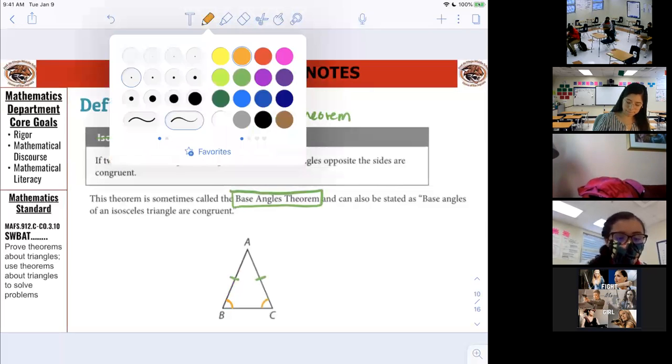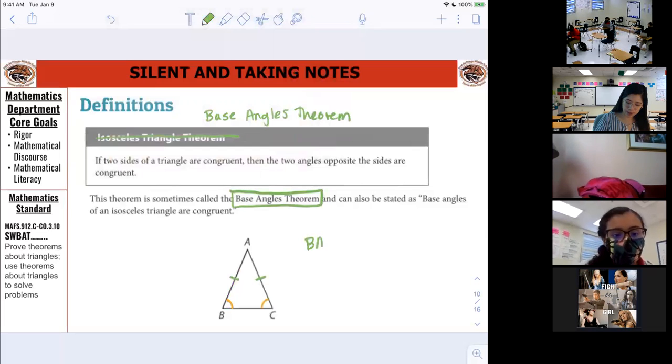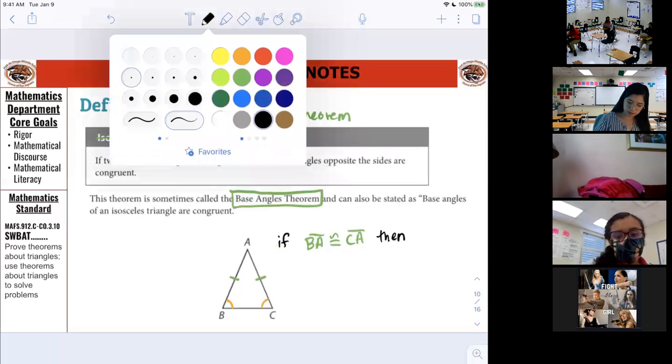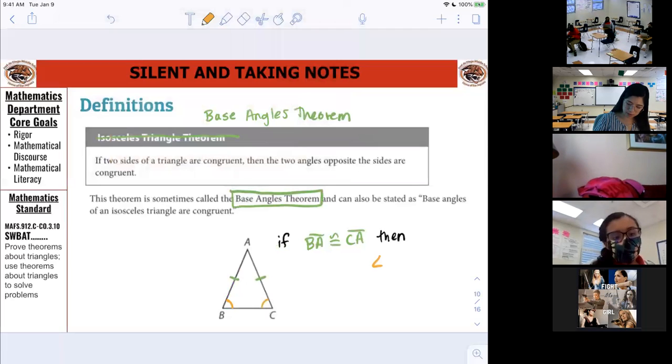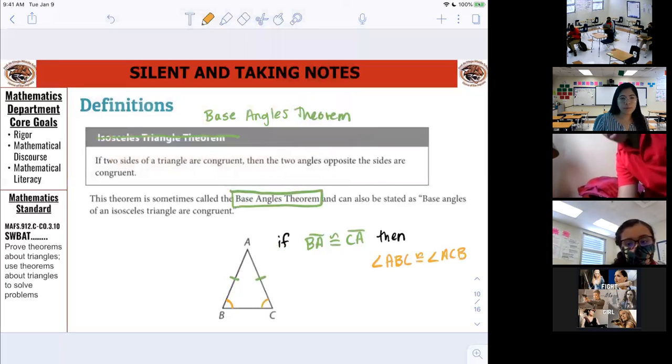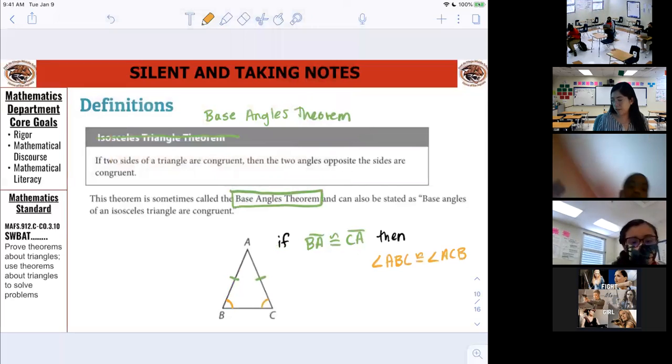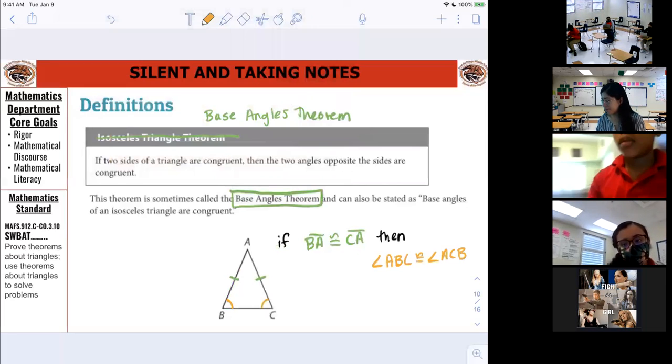So if BA is congruent to CA, then angle ABC will be congruent to angle ACB. Wait, theorem or postulate? Theorem. This is a theorem.